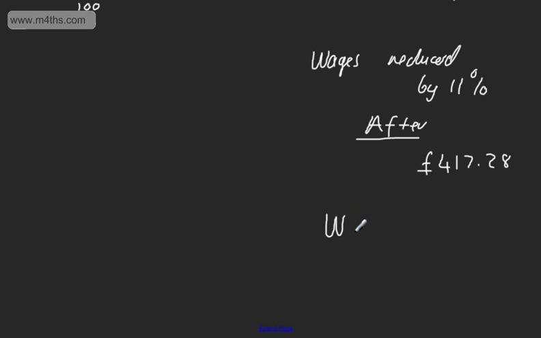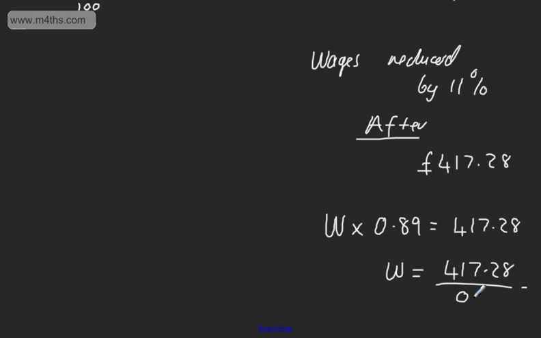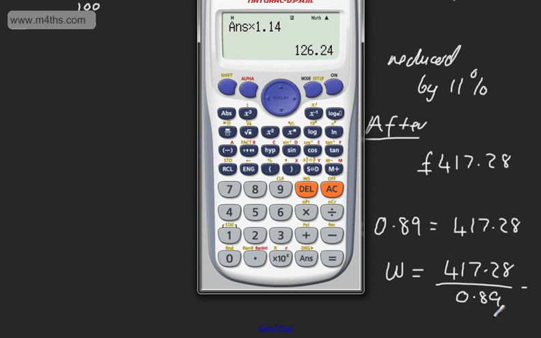We could say that my wages multiplied, it's been reduced by 11%, which means that it was 89% of original, so 0.89, and that gave me the 417.28. If this number multiplied by 0.89 is 417.28, we can say the number W is 417.28 divided by 0.89.